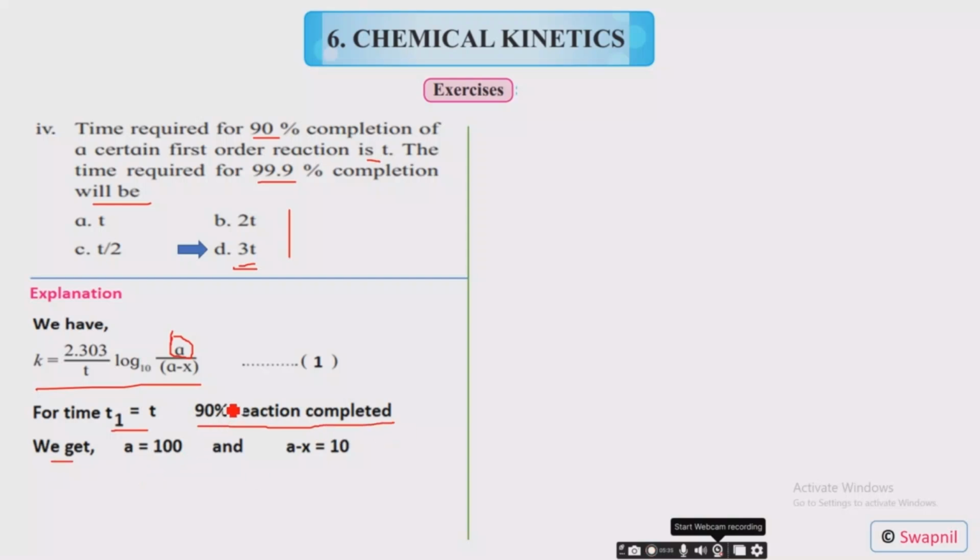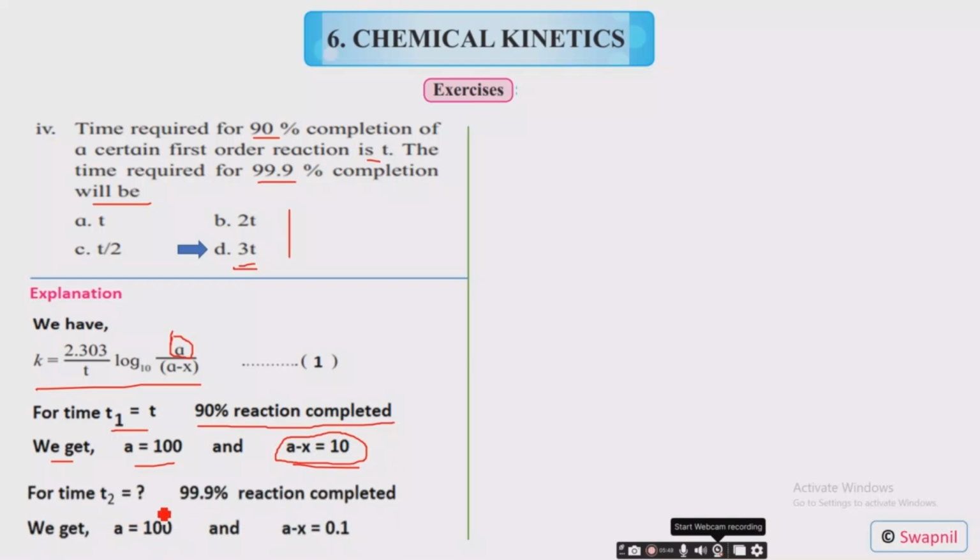Since percentages are given, A is equal to 100 and A minus X is equal to 10, because 90% of the reaction will be completed, so only 10% reactant will remain at time T. And for time T2 is equal to question mark, we have to find it out. For 99.9% completion, we get A is equal to again 100, and A minus X is equal to 0.1.